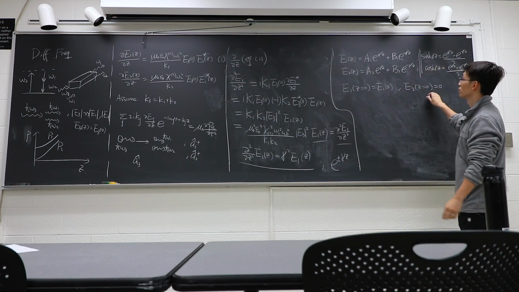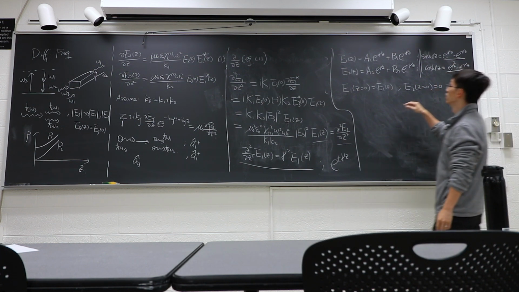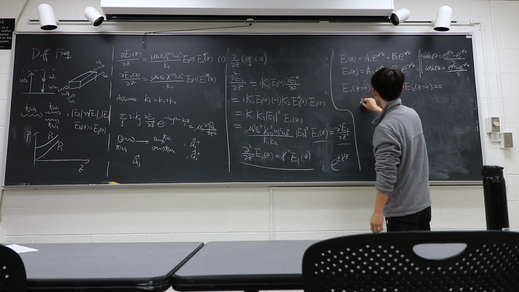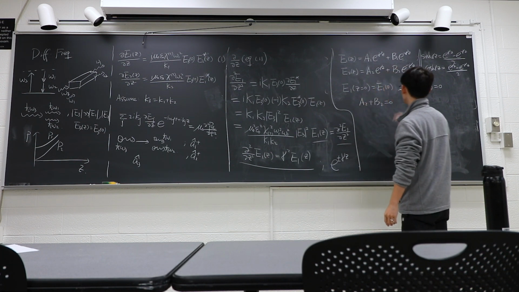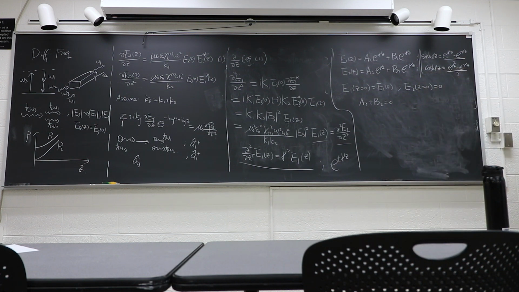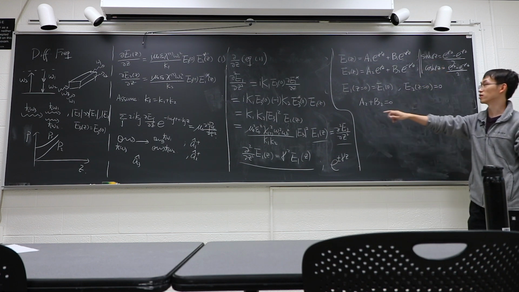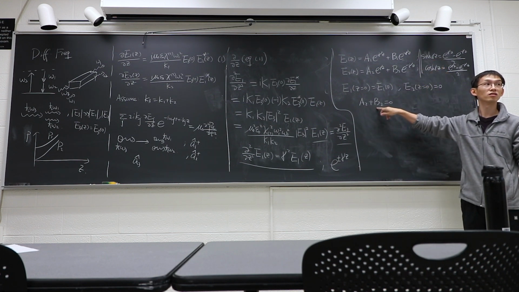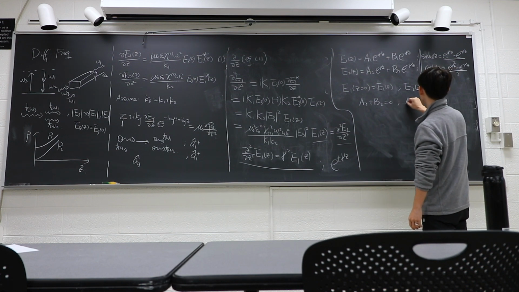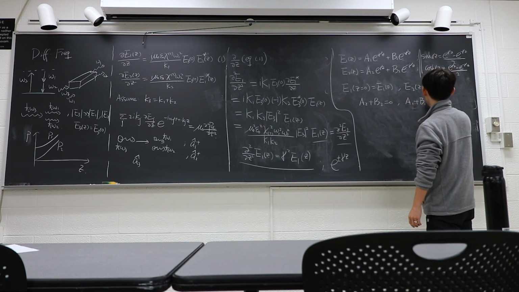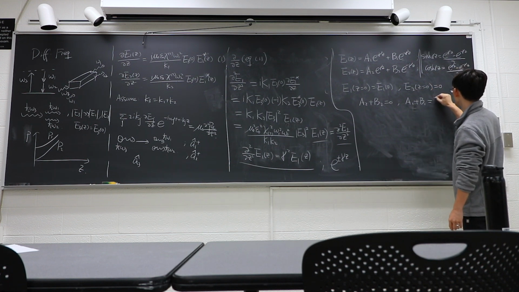Okay, so for this one, E2, it's easier because there's a 0 here. We now know A2 plus B2 equals 0. So B2 is minus A2, right? Because A2 and B2 have a minus sign. Okay. And then you also know A1 plus B1 equals E1.